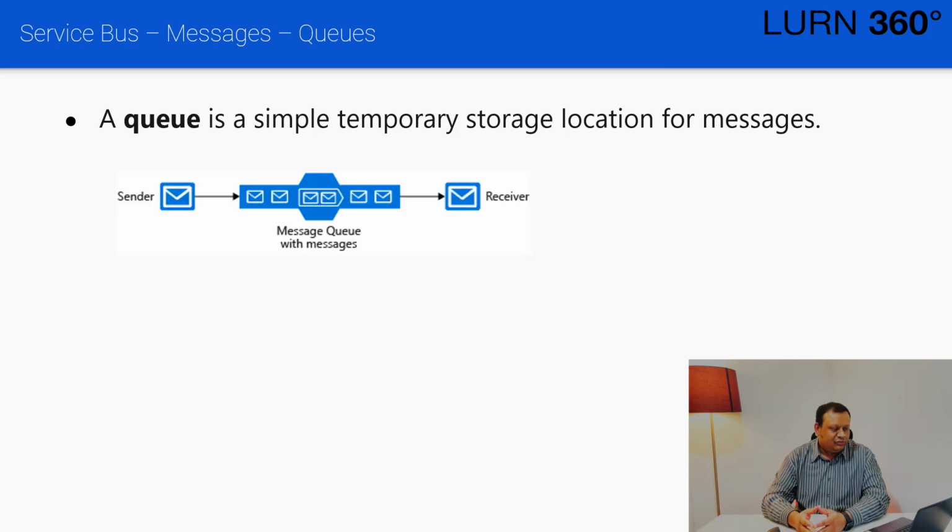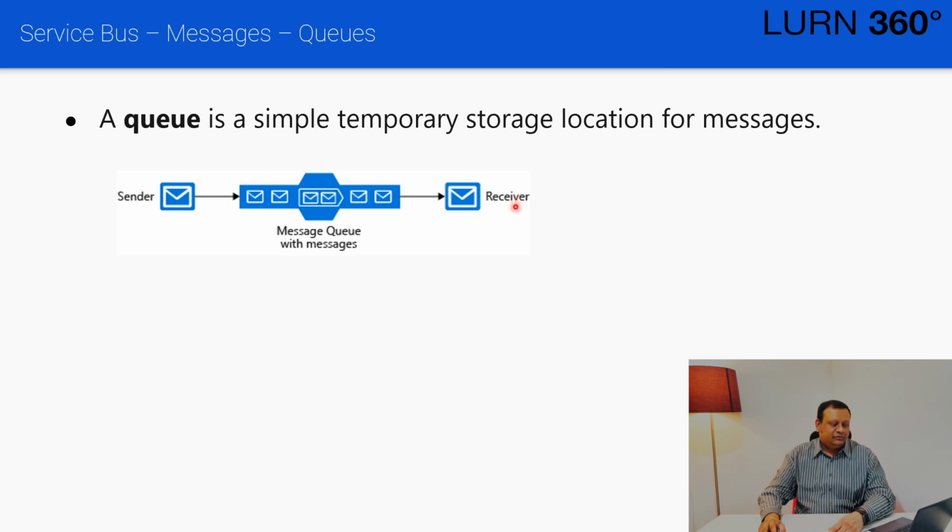Let's see how it would look. Here you can see in this picture, the sender is system A, and the sender is sending messages to this queue. In the queue, you can see there are already multiple messages. On the other side of the queue, you have your receiver.